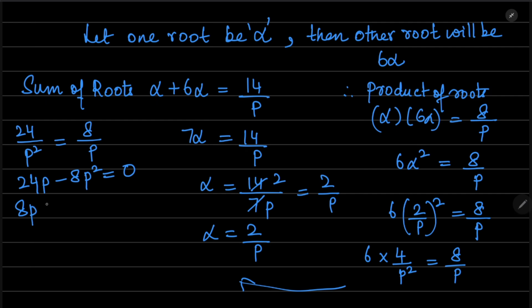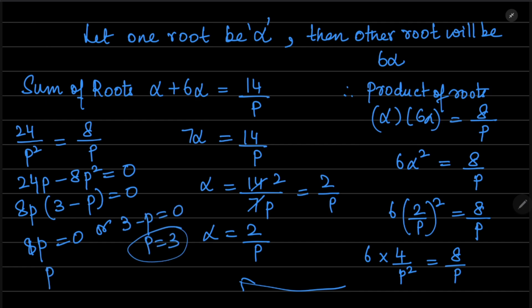Take 8p common out, so you'll have 3 minus p equal to 0. Am I right? So, either 8p equal to 0 or 3 minus p equal to 0. So, p is equal to 3. This is one of the values, and the other value will be p equal to 0. Okay, 8p equal to 0 means p is equal to 0. Is it clear?